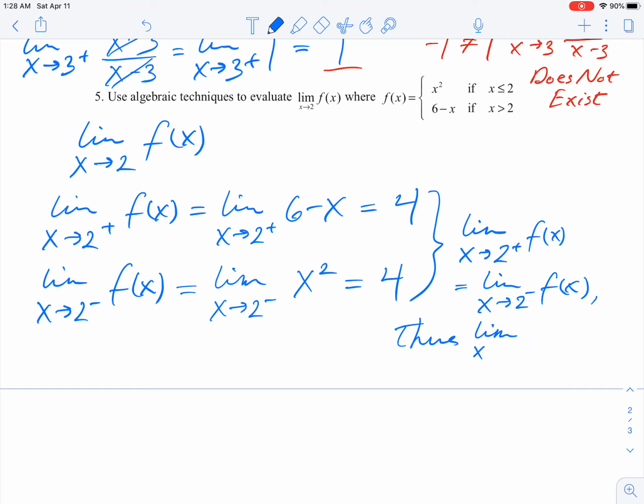Thus, the limit as x approaches 2 of f of x is equal to 4.